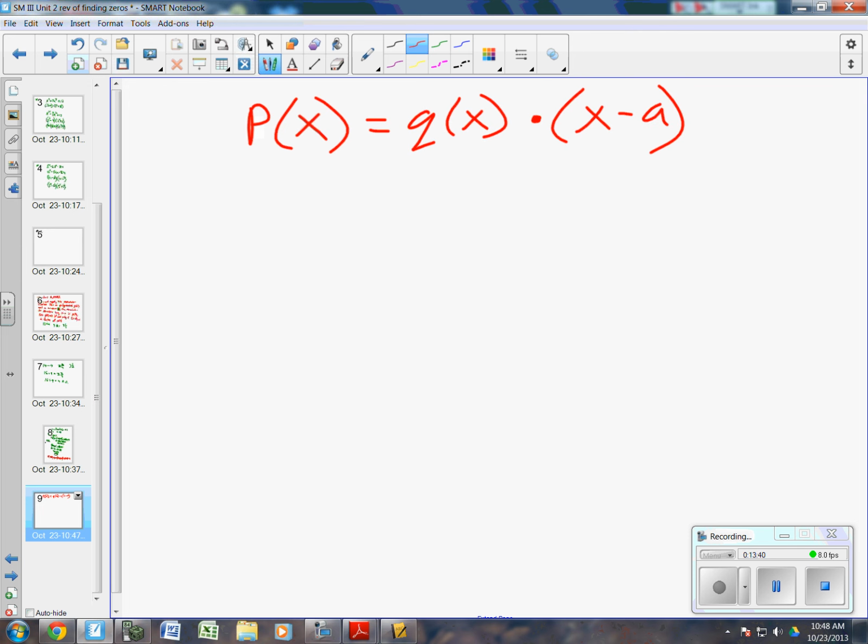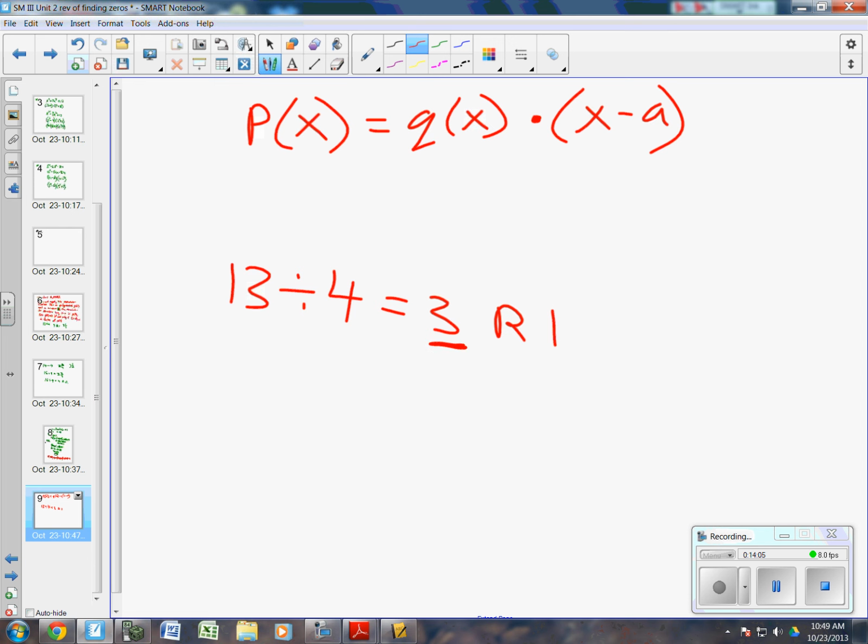In other words, Q of X is, you remember when we were doing the 13 divided by 3 problem? Actually we divided by 4. 13 divided by 4 was 3 with a remainder of 1, right?